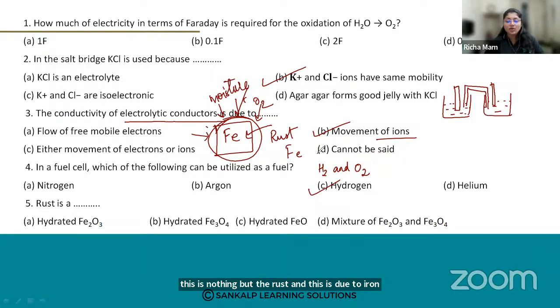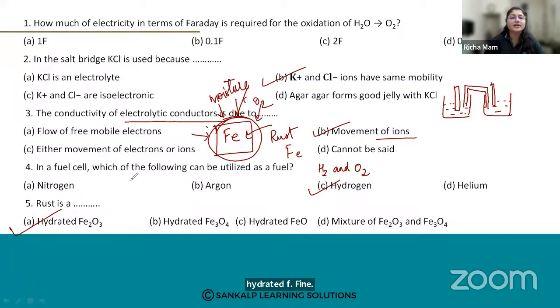The reaction is between the iron and the oxygen in the presence of water and air. So rust consists of iron oxide, that is hydrated Fe2O3.